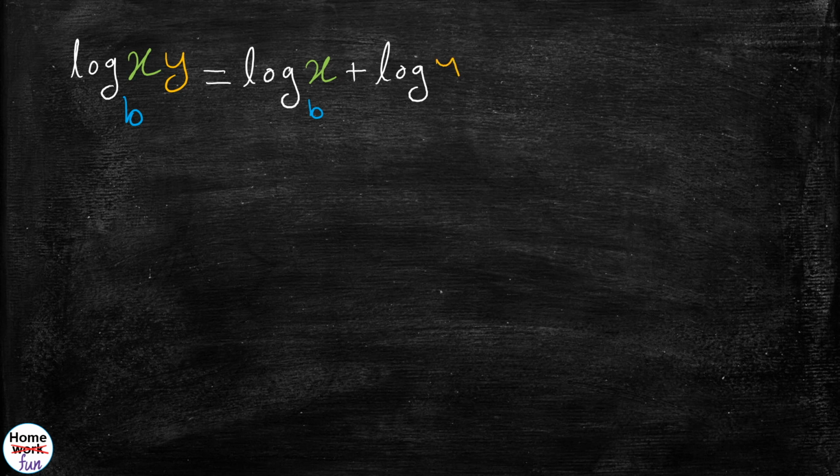If I have log of the product of 2 terms, like x multiplied by y, and the base of the log is b, the answer to that is, I can write that as log of x with a base b plus log of y with a base b.